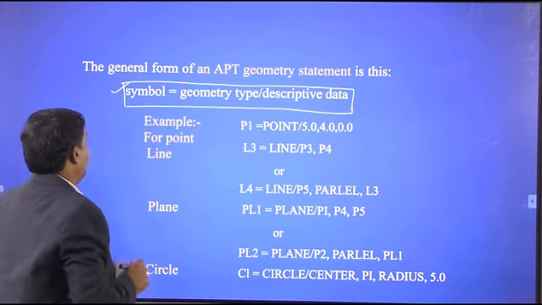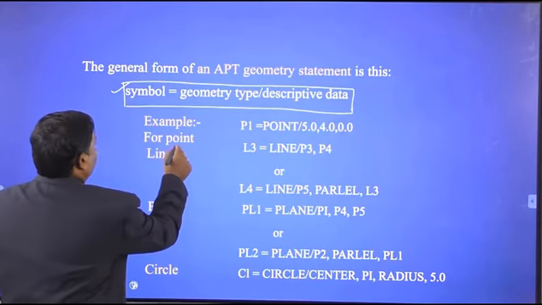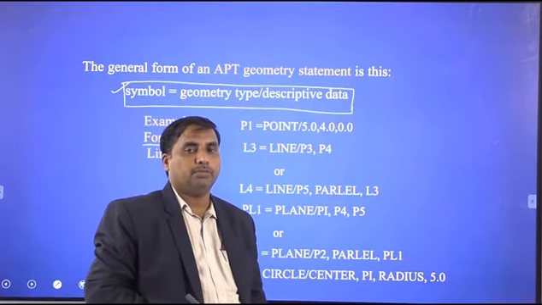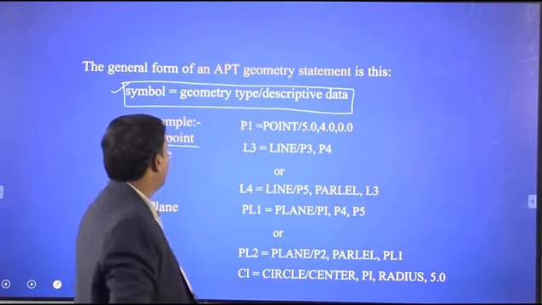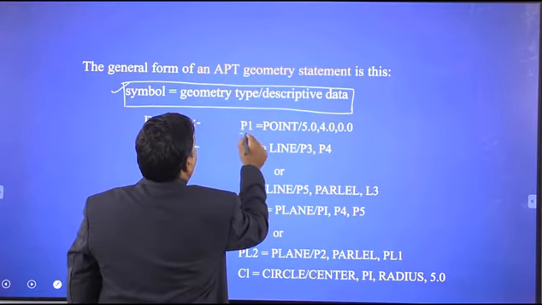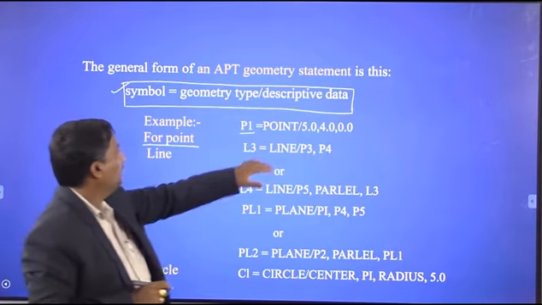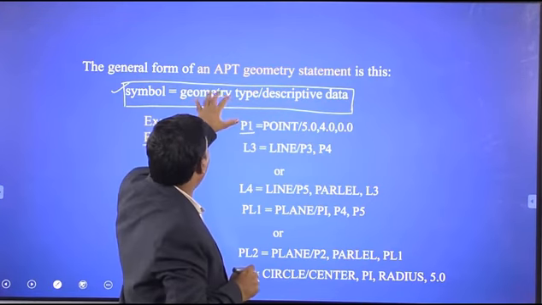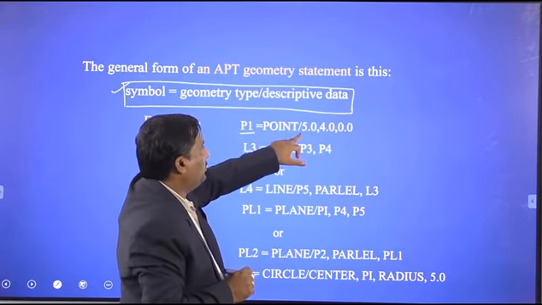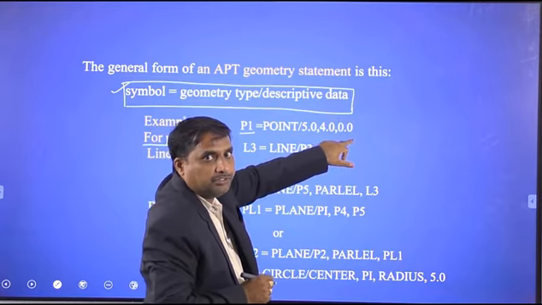Now, for example, suppose for a point, how will we define the point using APT language. Consider P1 here. P1 represents the symbol. Next, the geometry type is point. Slash. Next, x coordinate 5, y coordinate 4, z coordinate 0.